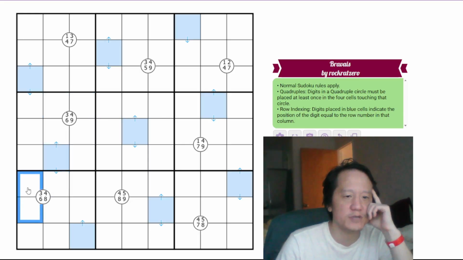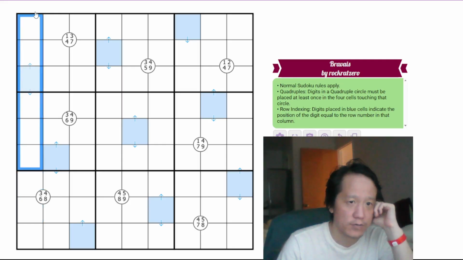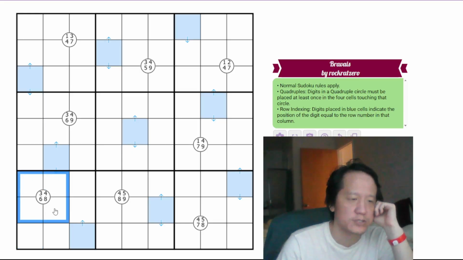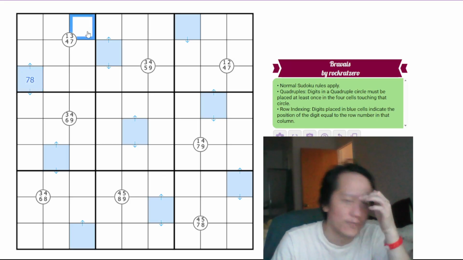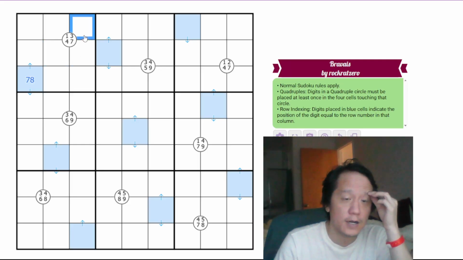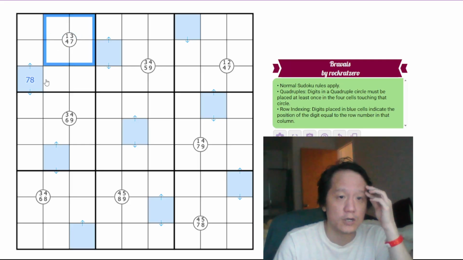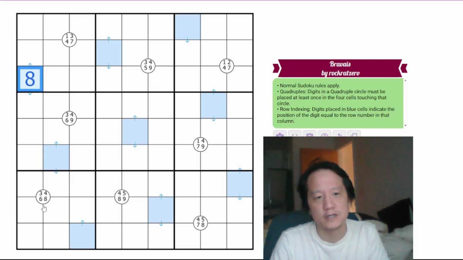Therefore, it must be one of these two cells in column 1. This can't be 3, this can't be 3, 3 can't be here because it must be surrounding the quadruple circle. So that indicates this is 7 or 8. Well, it can't be 7 because of the 7 surrounding the quadruple circle here, so this must be 8. So this is 8, which makes a 3 in the 8th position. So this is 3.